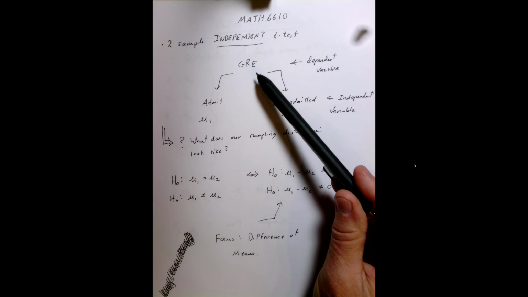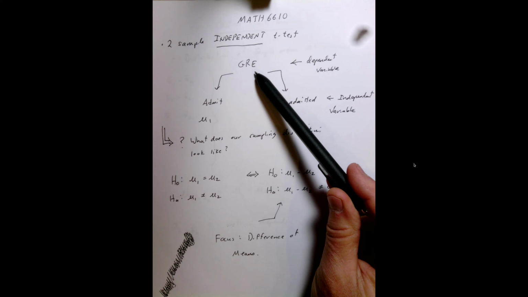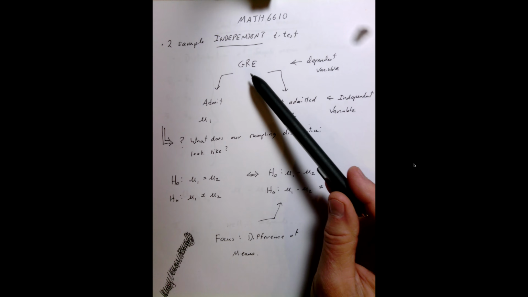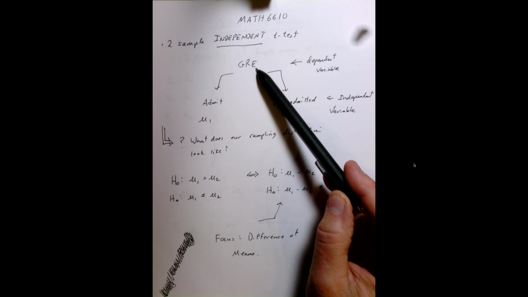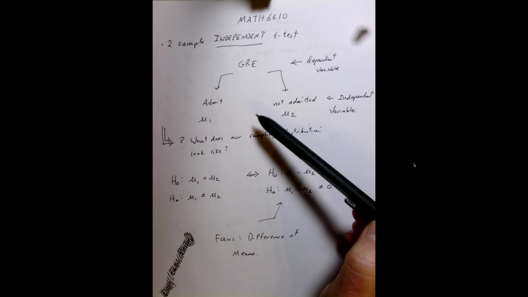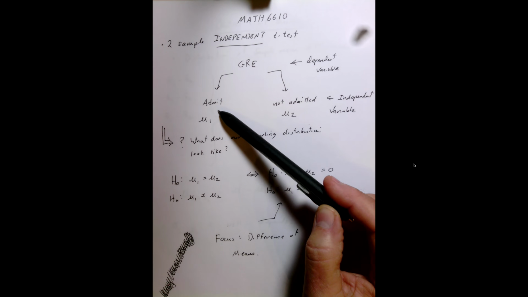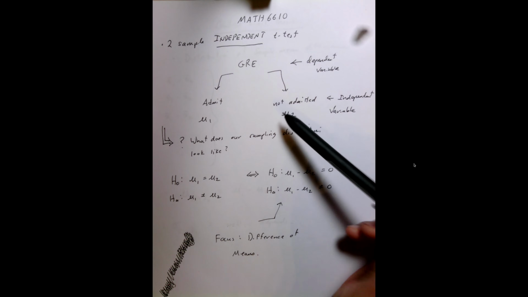So imagine, staying true to the data set that I've used previously, that we have GRE and we want to see if there's a difference in GRE across students who have been admitted and those who have not been admitted.